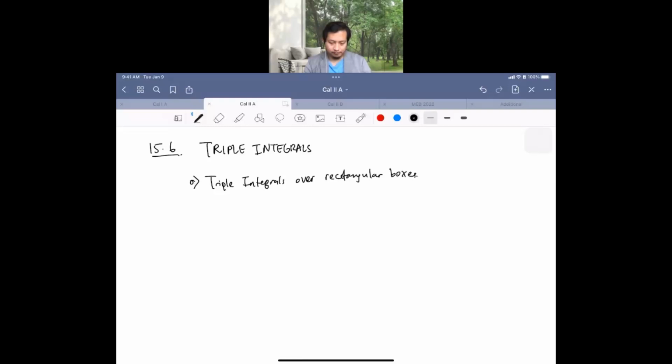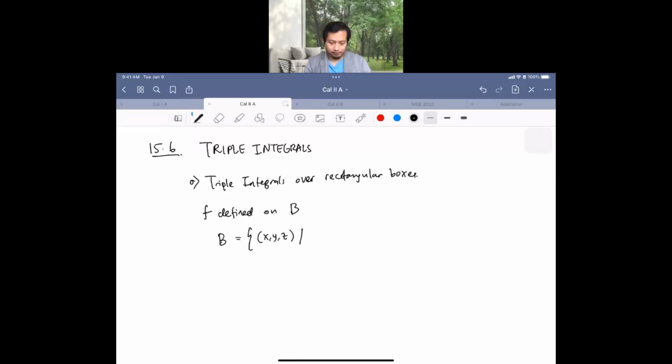Let's say we have functions defined on B. So B is like a box, but let me just write B as definitions for each axis.